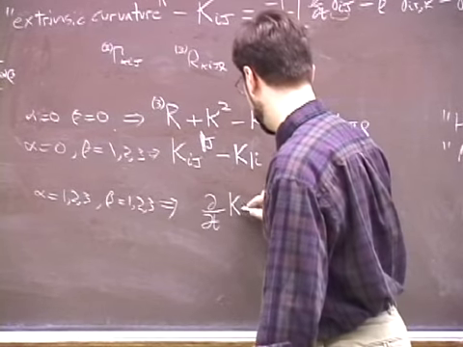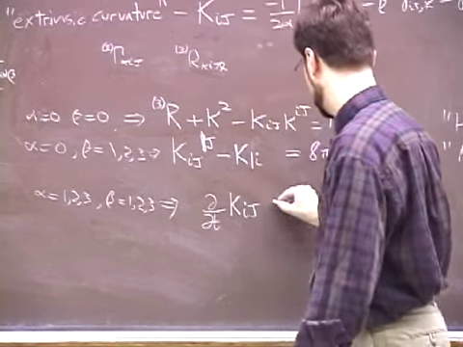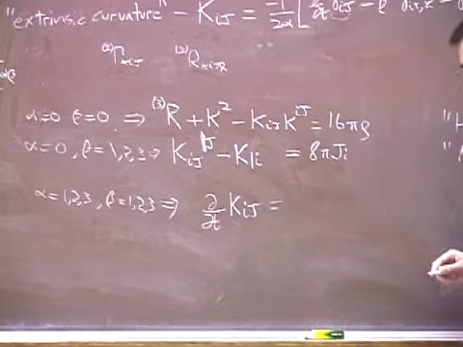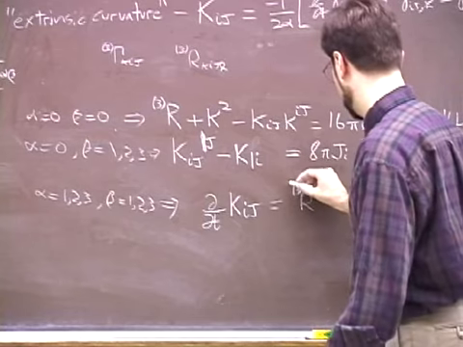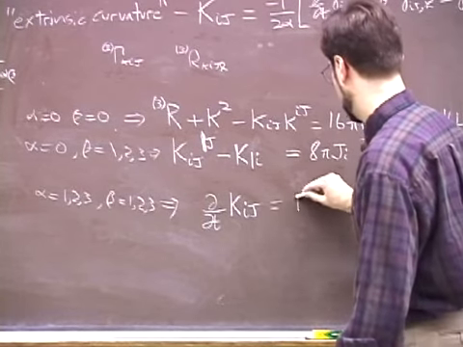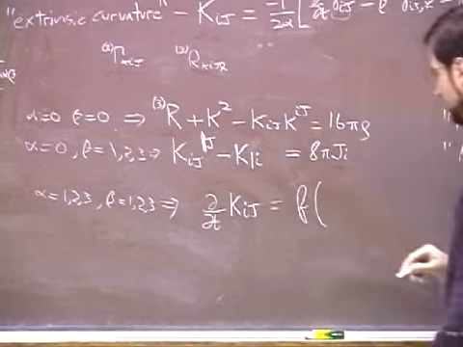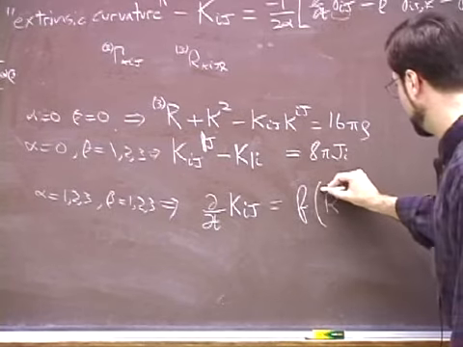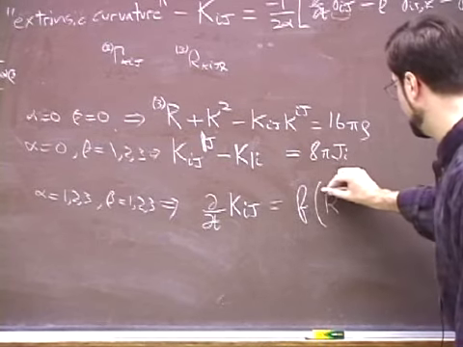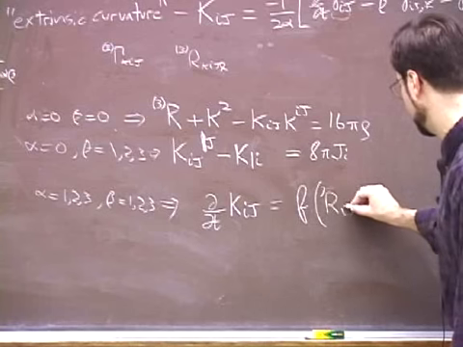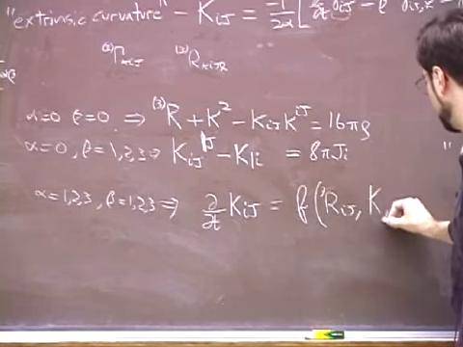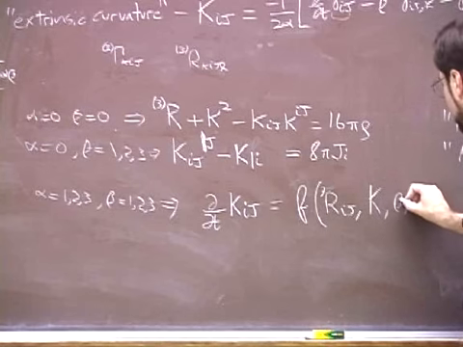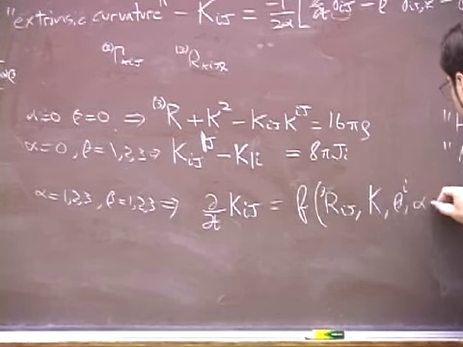So you get d by dt of Kij is going to equal some function of a 3-dimensional Ricci tensor. It's going to have K's in it, it's going to have betas in it, and it's going to have alphas in it.